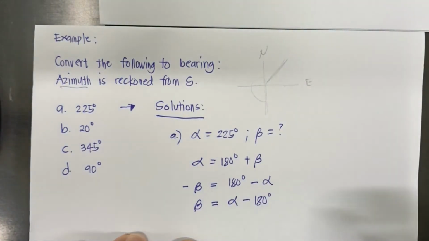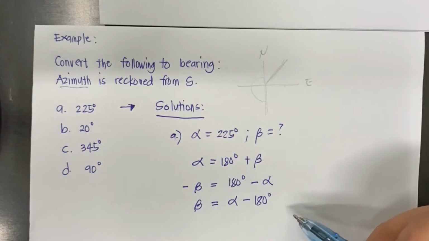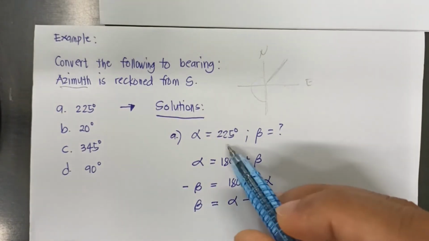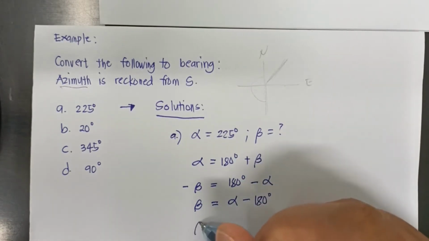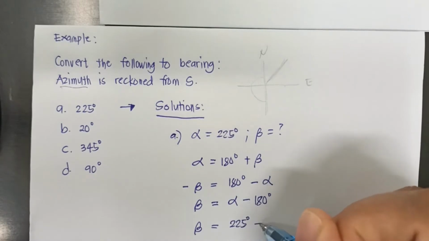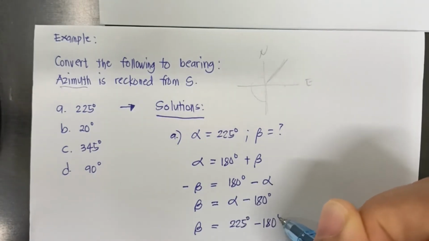This is a simple manipulation of the equation, so don't be confused. We are given a value of 225, so beta is equal to 225 minus 180 degrees.